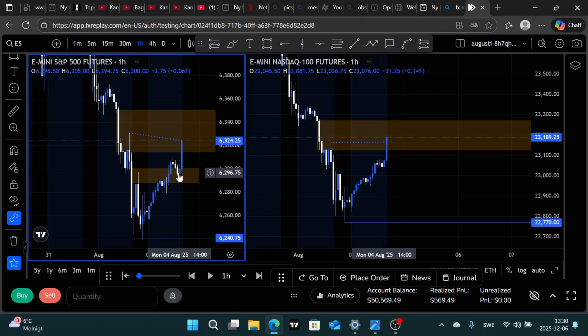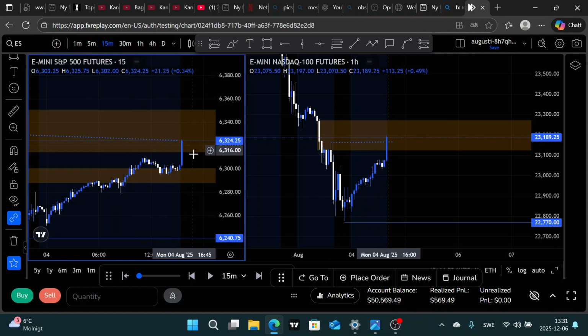That means that the market is bullish, but we also have an SMT at the high. So which one gives me more conviction of what the market will do next? That's why I go and check in 15 minutes.